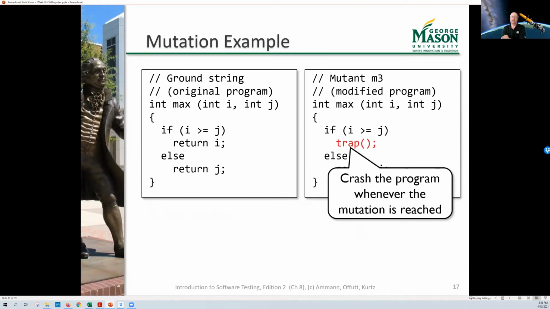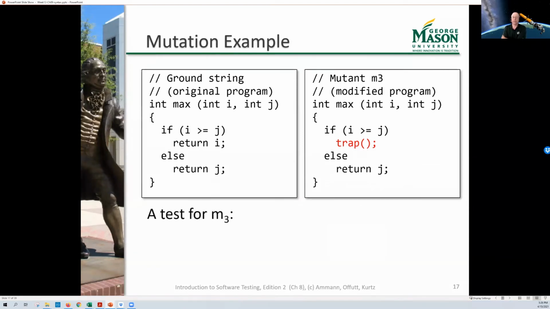Let's have another mutation. Here I'm going to replace one of the statements with a trap statement, and a trap statement simply throws an exception, crashes the program whenever that mutation is reached. Well, it's pretty clear I can kill this one, right? Anytime that I is greater than or equal to j, I'm going to reach the trap statement. The program is going to crash, which is different than the original behavior.